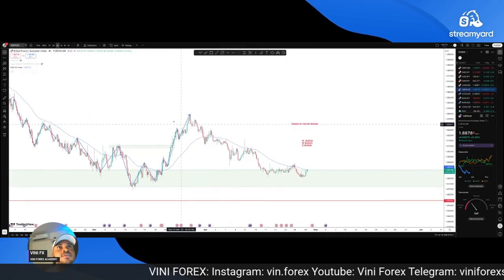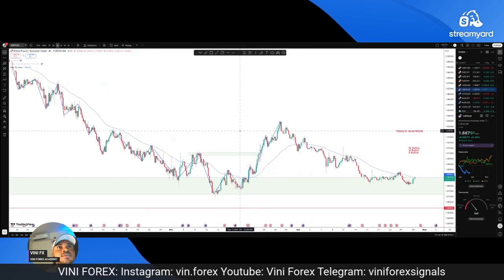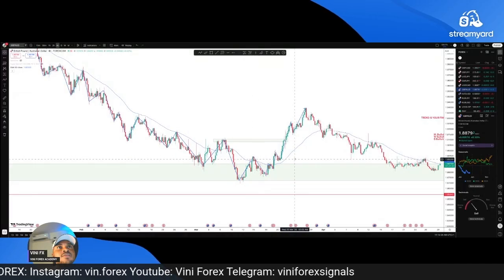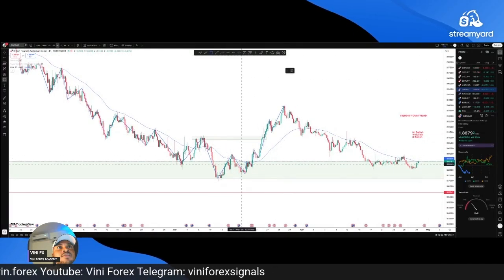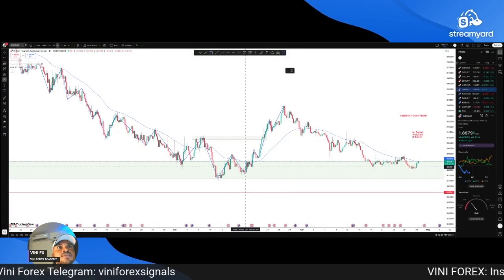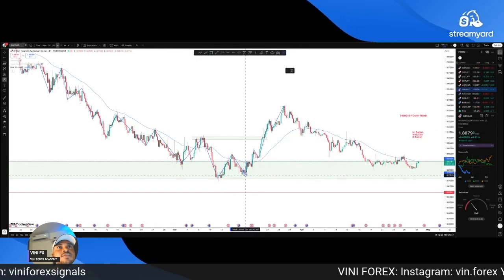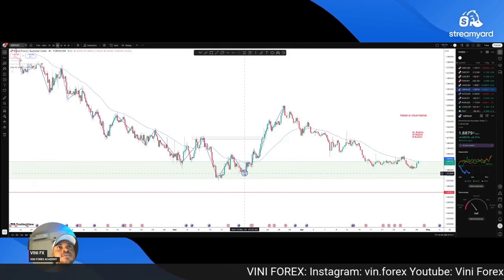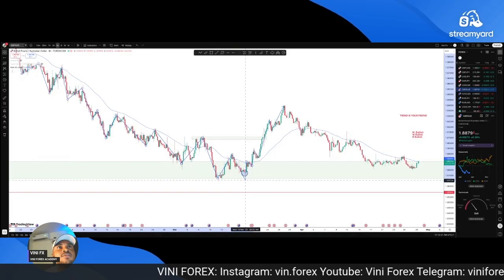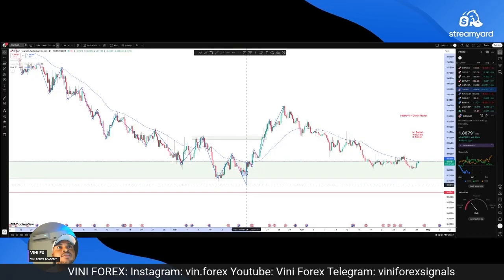So I'm seeing something here already. The market first gave you a sign that this trend is about to change when it gave you this higher low, instead of giving you a lower low.